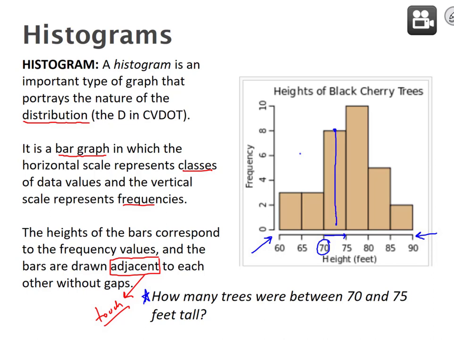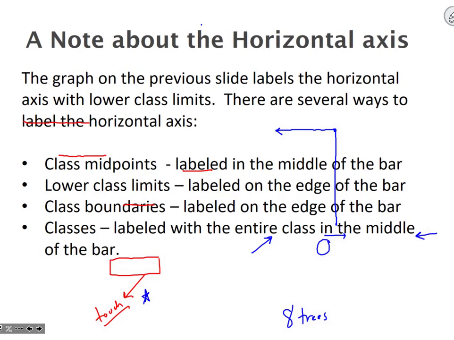Go to the top, cross over to the left-hand side till you hit the y-axis, and of course we just see that there are 8 trees that are between 70 and 75 feet tall. We just want you to feel comfortable with reading a basic graph, so we're reviewing some of those skills.